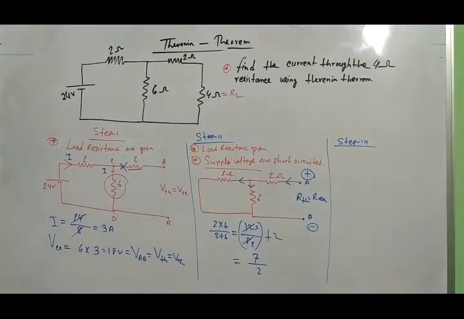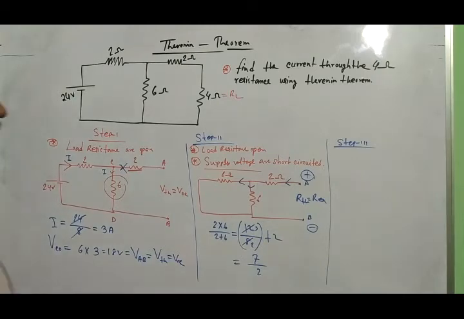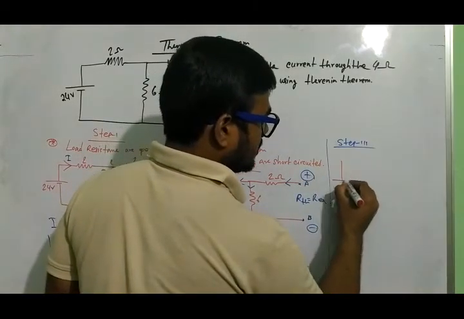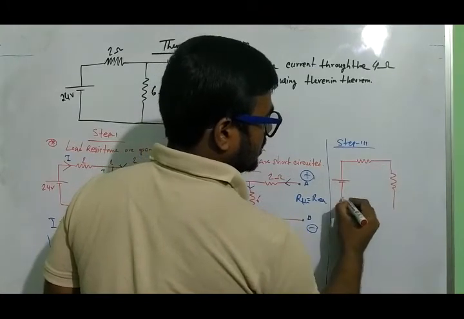Actually, what am I doing in step 3? Mr. Thevenin gave one circuit, which is called the Thevenin circuit. This is one series circuit given by Thevenin.